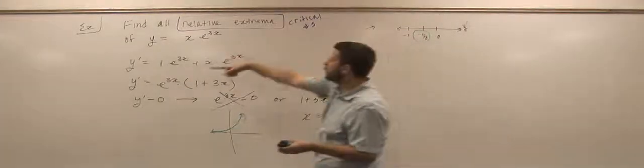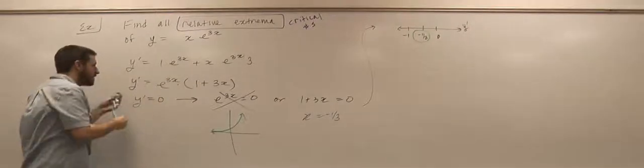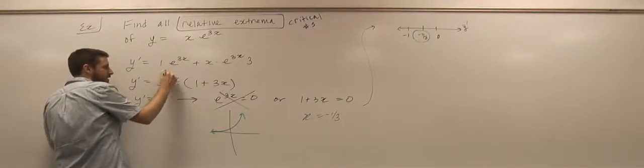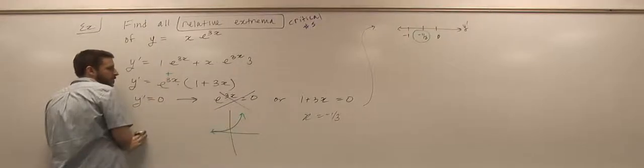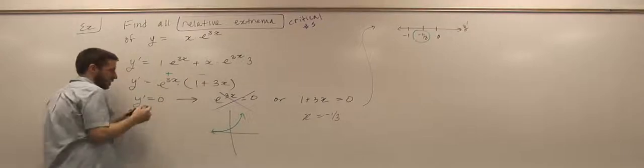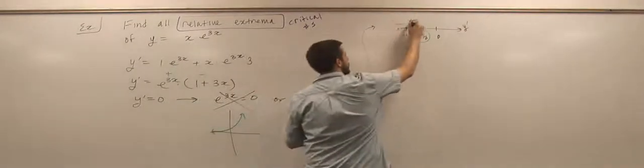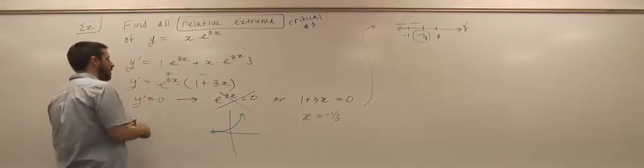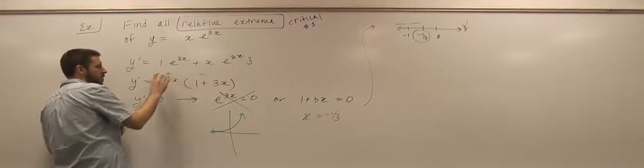So if you put negative 1 into the derivative, this factor is always positive. I don't care what you put in for x, e to the 3x is always positive. If you put negative 1 in here, 1 minus 3, negative. Okay, move to 0. e to the 0 is 1, still positive.